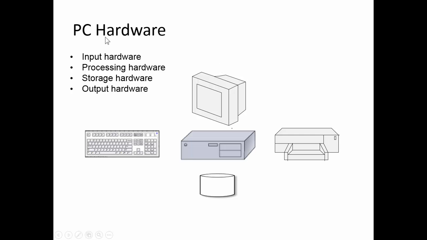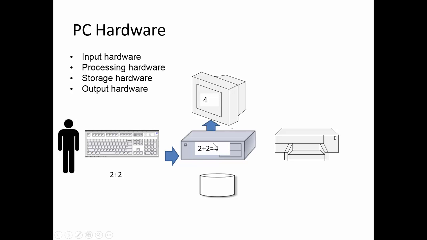Personal computer hardware can be divided into 4 categories: input hardware, processing hardware, storage hardware, and output hardware. Here is the example. The user types in the data, such as 2 plus 2, and presses the Enter key, and the 2 plus 2 goes to the processing hardware. The processing hardware adds the 2 plus 2, that's the processing, addition, and we get the number 4.